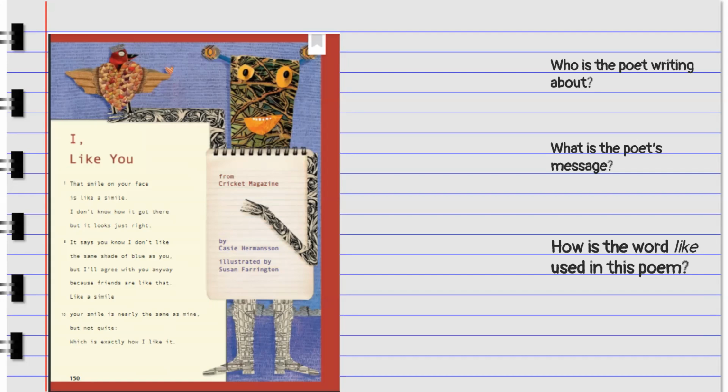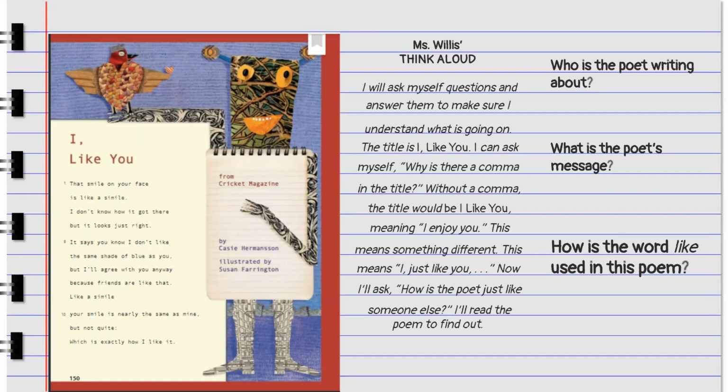So this poem is about friends, right? This poem is about two friends. Let's think aloud. I'll ask myself questions and answer them and make sure that I understand what's going on. The title says, I, comma, like you.